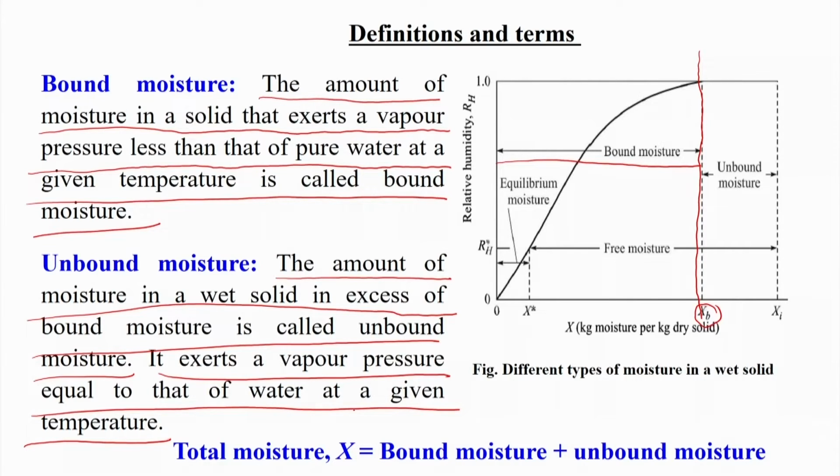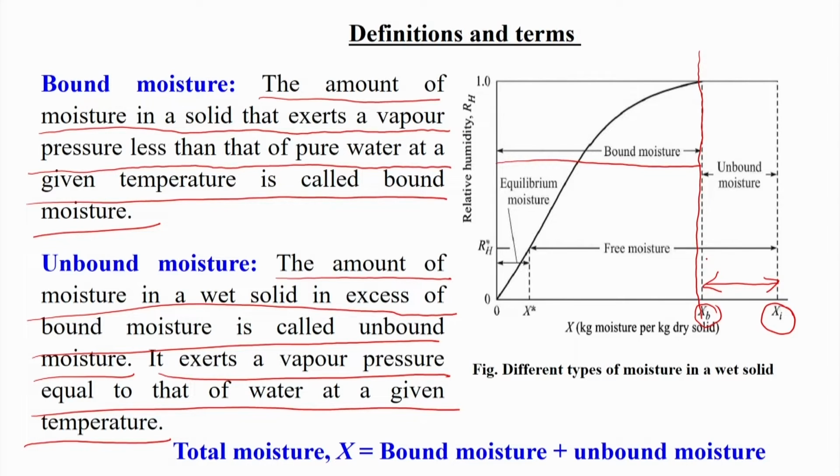Here X_i is the initial moisture content, and the difference between the total moisture content and the bound moisture gives the unbound moisture.